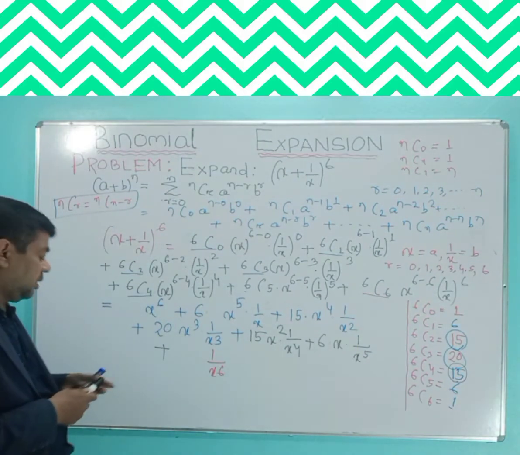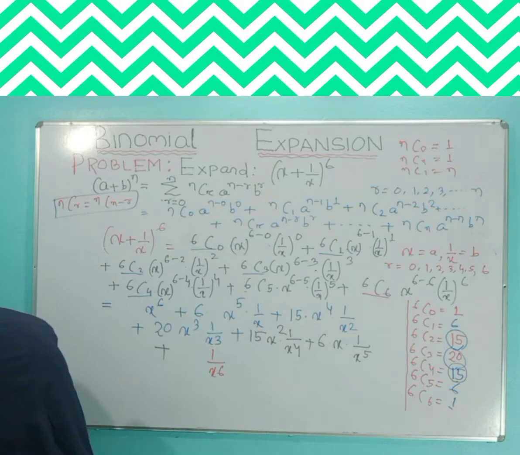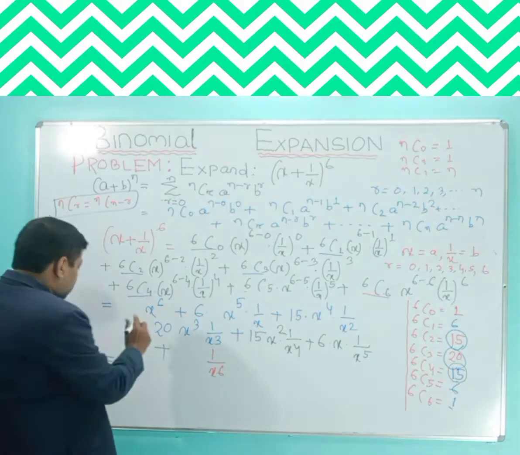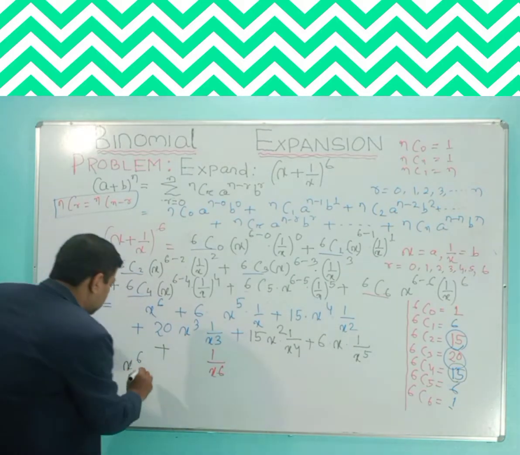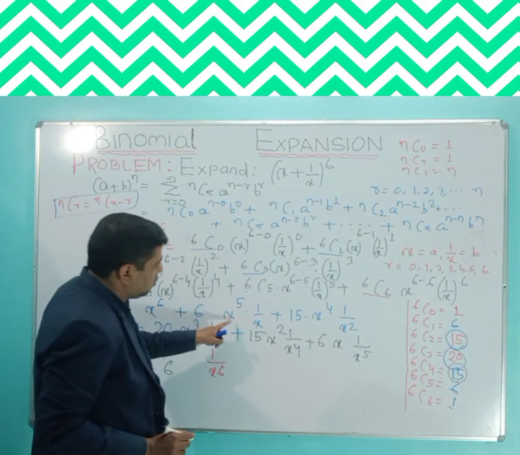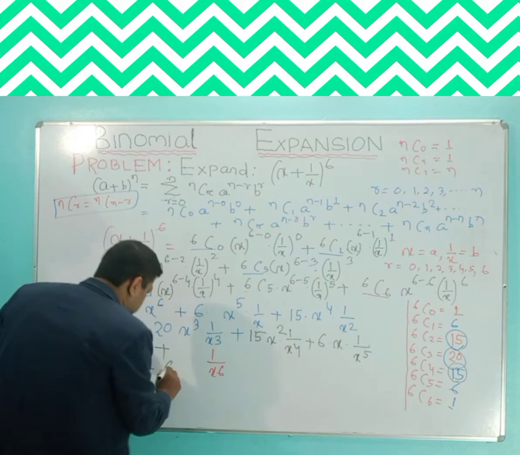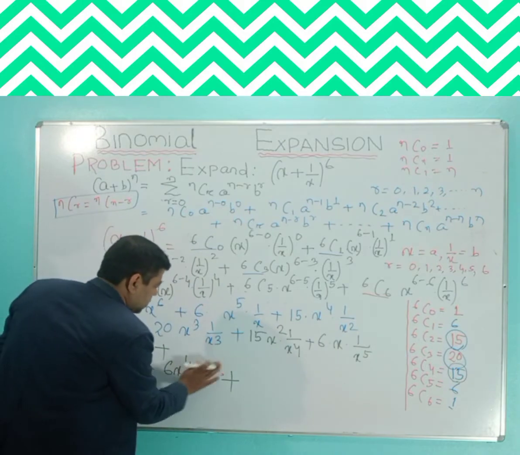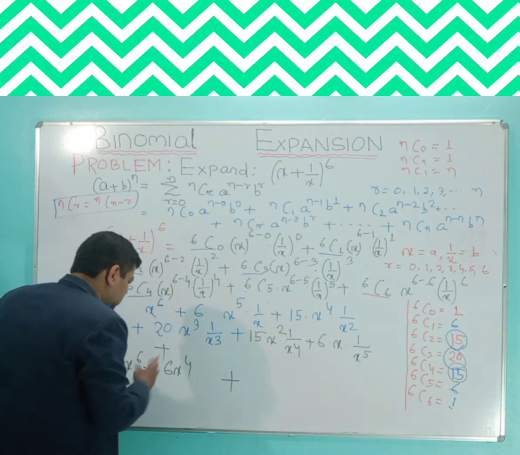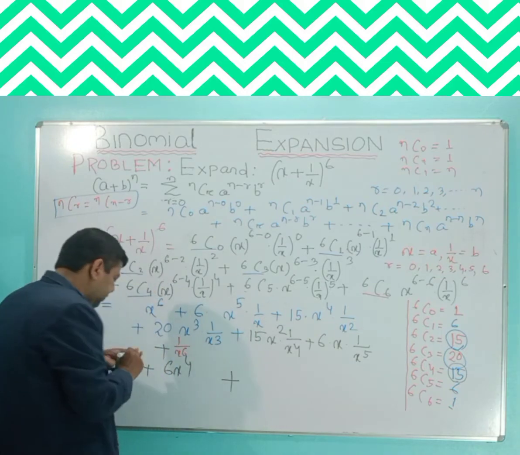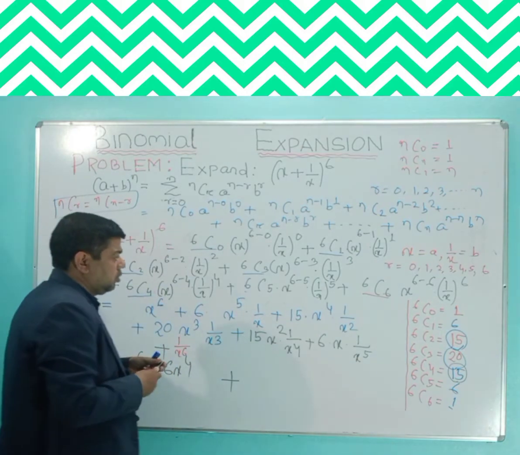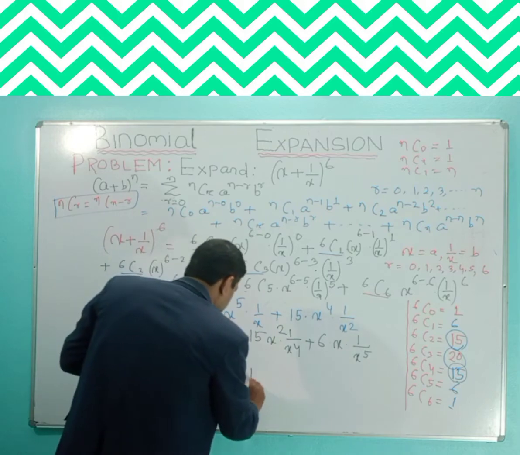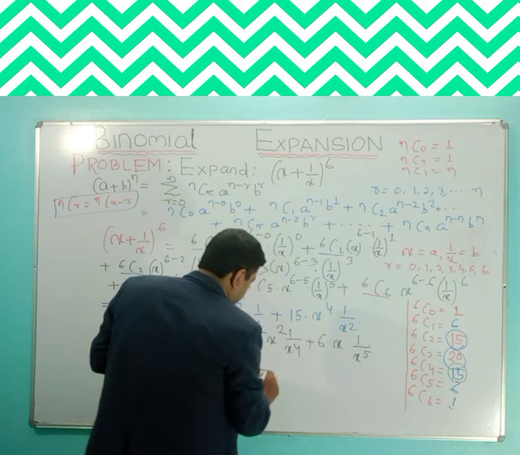Okay, understand? Let us simplify this one. Here, x to the power 6 plus 6 into x to the power 5 divided by x to the power 1, which is x to the power 4, as all of you know, plus 1 upon x to the power 6. Then the third term: 15 into x to the power 4 by x to the power 2 is x square.